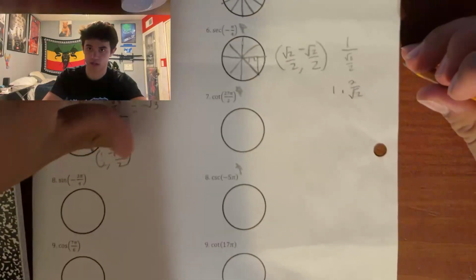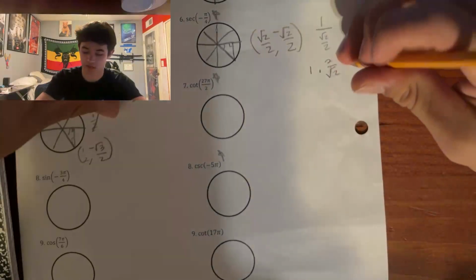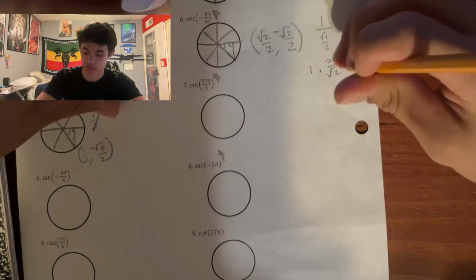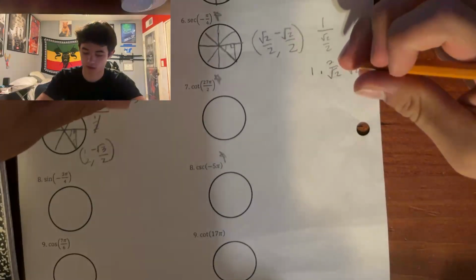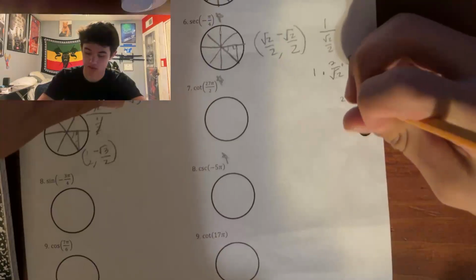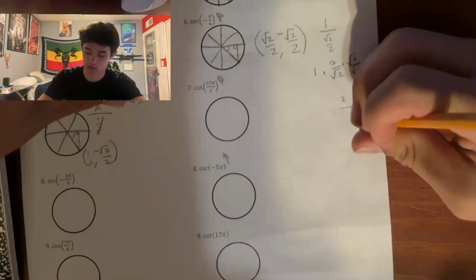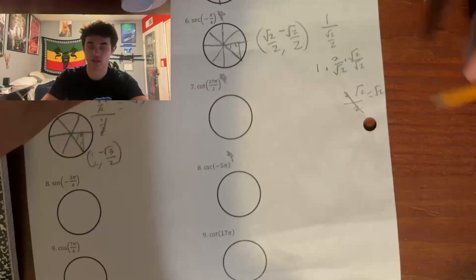And then we need to simplify that because we can't have a square root in the denominator. So we multiply by root 2 over root 2, which is just equal to 1, so it doesn't really matter. So this should be 2 times square root of 2 over 2, which is equal to square root of 2. And that should be our answer.